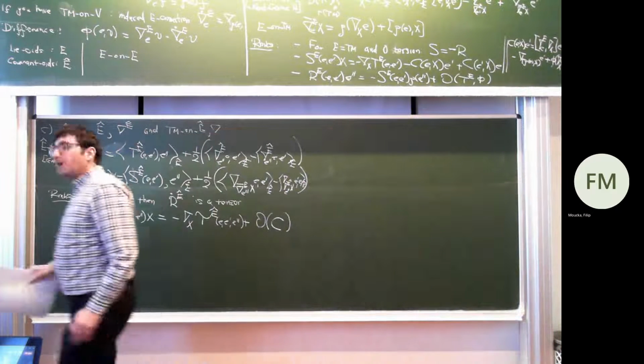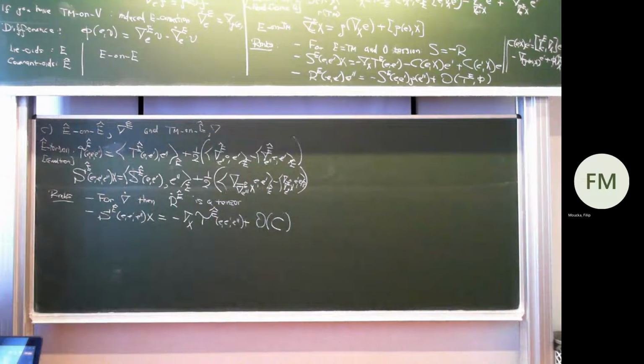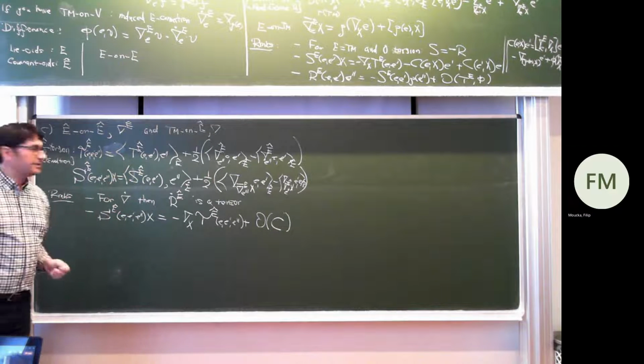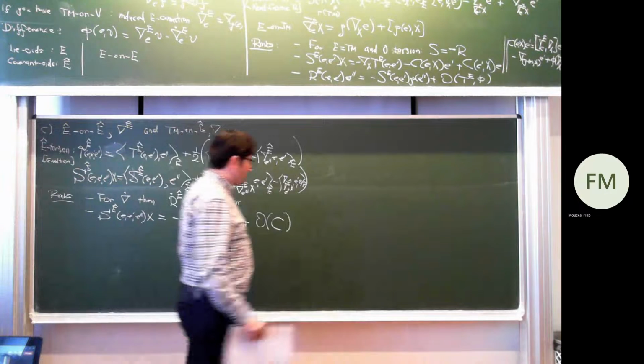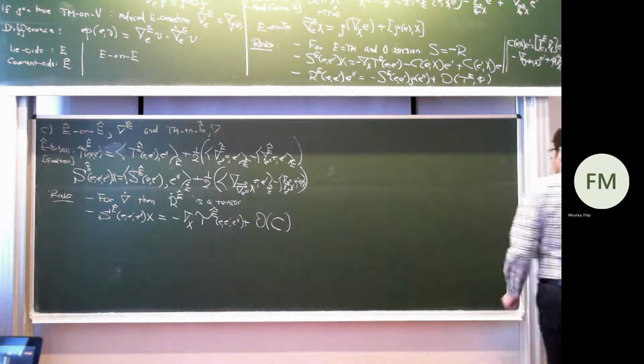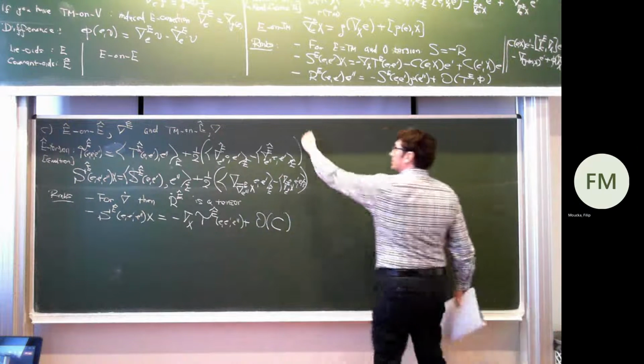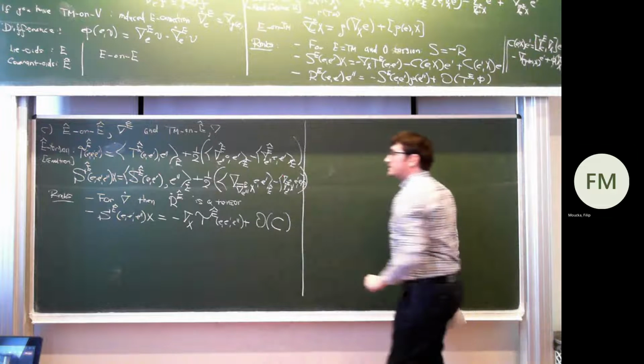If you think about Courant sigma models, the natural objects that appear there, if you try to think in target space covariant terms, are the Gualtieri torsion and this basic curvature. Okay, so this ends part one.